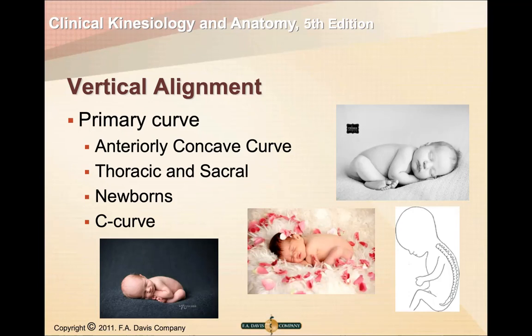So just remember that how we form the spine into the S shape is when we're babies, when we're starting to go into prone, when we start to extend our head and our legs, and then especially when we start to stand and walk.